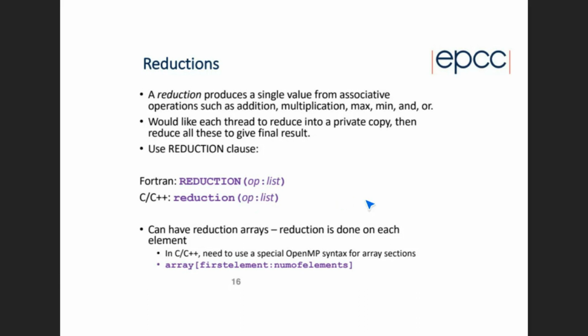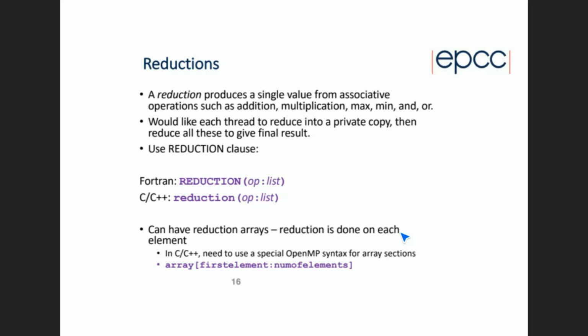So actually, I should have mentioned, private, for example, works for arrays. That's clear what that means in Fortran. In C or C++, if it really is genuinely an array, then I will get a copy of the array if I declare it as private. If it's actually a pointer to some dynamically allocated storage, then all I get is a copy of the pointer.